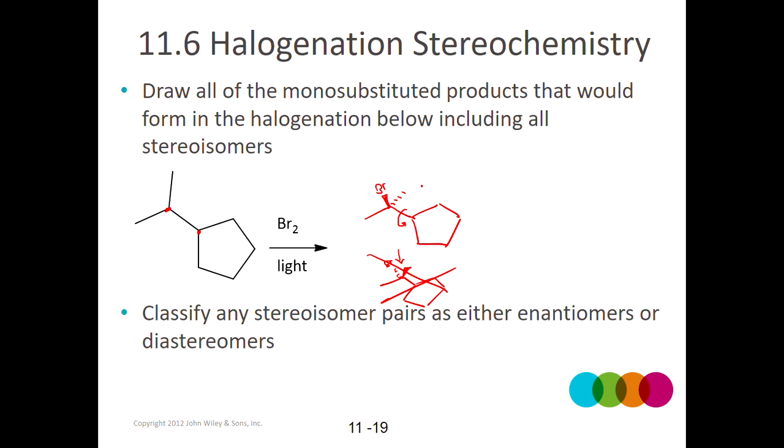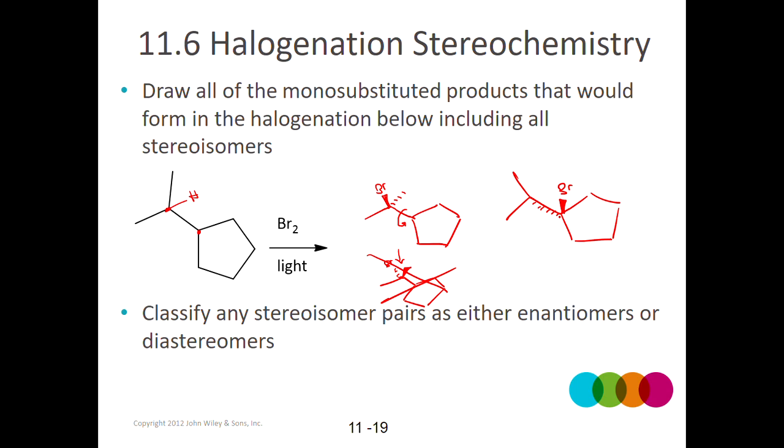So that would be one product that would form if this tertiary center and the hydrogen that's there were abstracted to create a radical, and then the radical picked up a bromine. But there's also another tertiary center, as we said. And putting the bromine there would push this isopropyl group back.